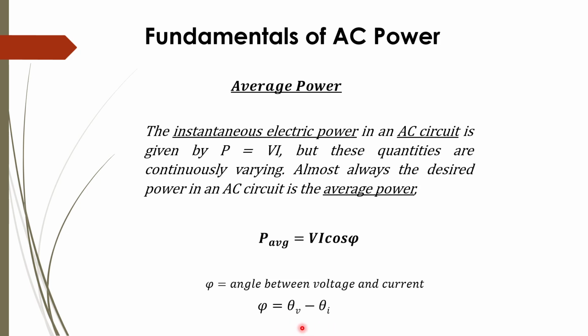You can always search about it in your textbooks and online. So whatever RMS values for voltage and current you get, you can multiply these and have an average value of power that is being supplied or consumed by an AC circuit. So this is the formula.